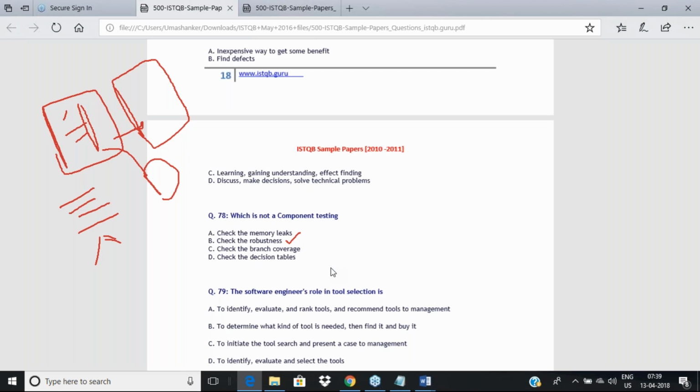But with the same explanation that I gave, if I'm testing a small unit, like the same insurance form, a single form, I might need to test decisions also. I would not really be doing robustness or performance at unit level for sure. Okay, I'll get back to this. Let's do a little more research, because for me performance is not something at unit level. I'll remember this question. Okay, 82.